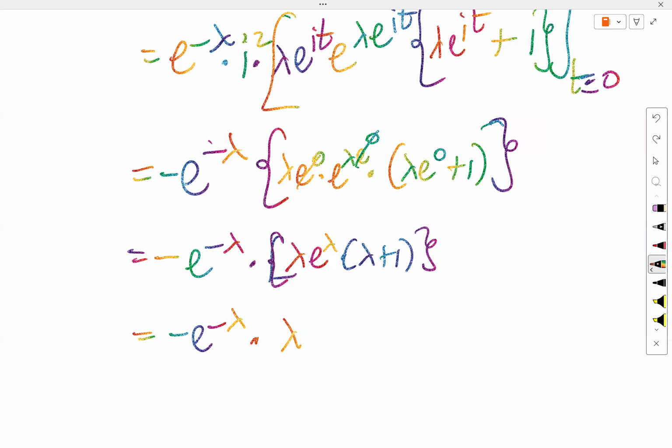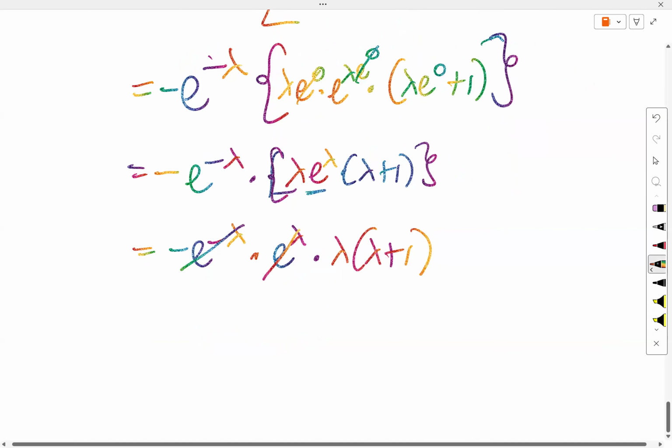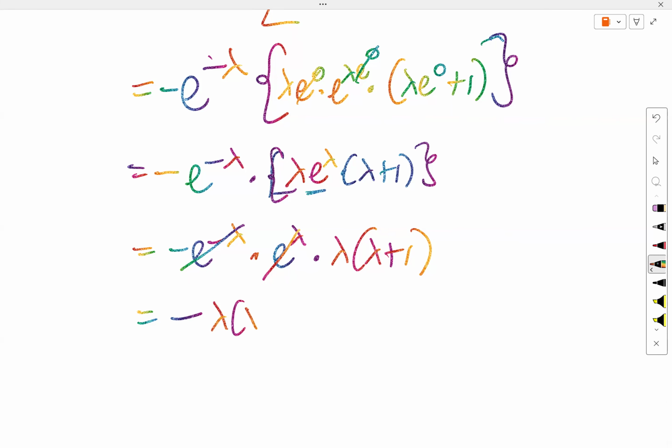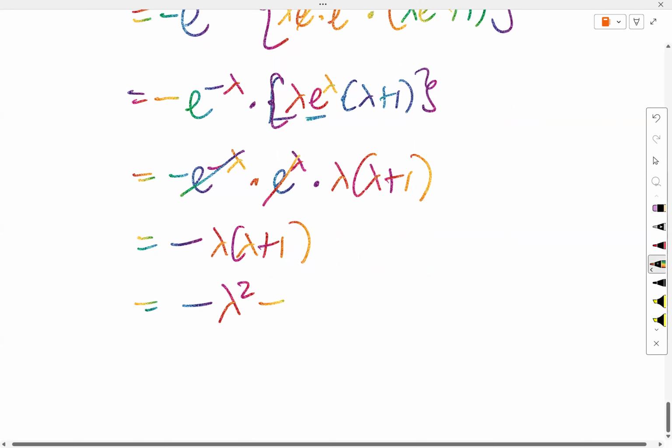So we have lambda is common to that. We have lambda common to that already. So bring out this e raised power lambda. So this e raised power lambda, lambda squared, or let me just say lambda into lambda plus 1, right? And then of course this cancels this. I like when things cancel like that. Minus lambda into lambda plus 1, and that will simply give us minus lambda squared minus lambda.